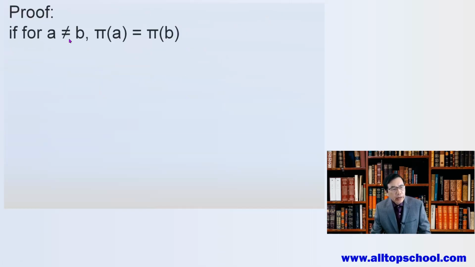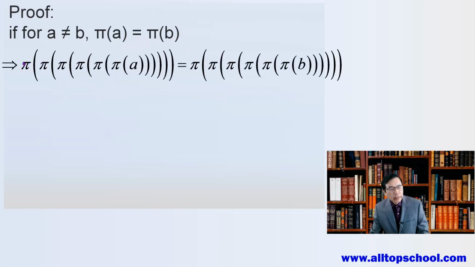For any values a and b, different elements in the set from 1 to 6, for example 1 and 2, suppose the function pi maps a and b to the same value. Then if we apply it 6 times, that's still the same value.